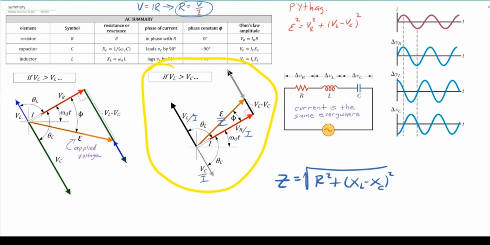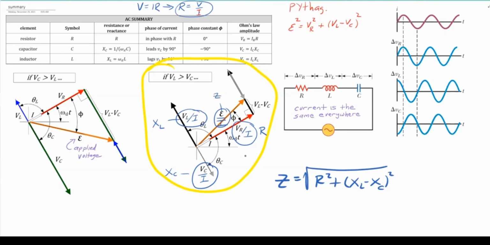So what does this become when I divide by current? Well, Ohm's law says that's resistance. Resistance for an inductor is X subscript L, inductive reactance. Resistance for a capacitor is X sub C. And then this is basically just R right here. Ohm's law says this is R. And this would be Z.